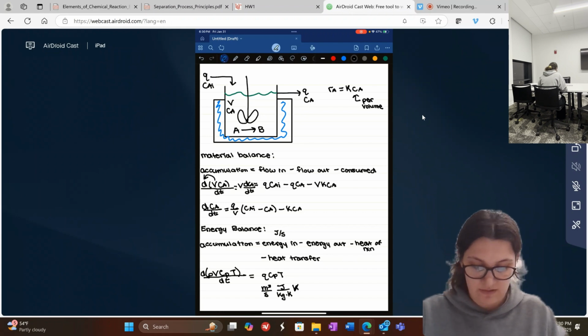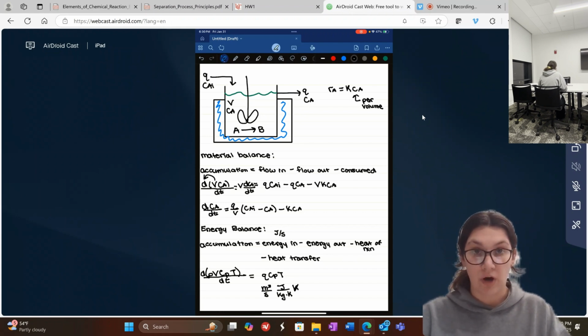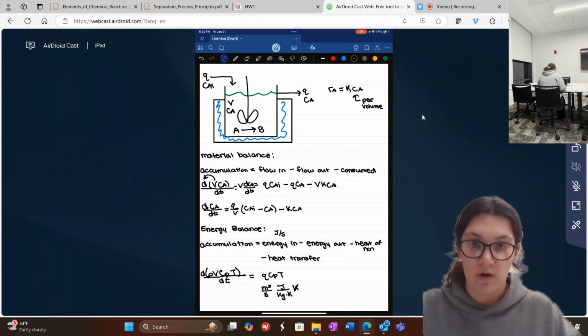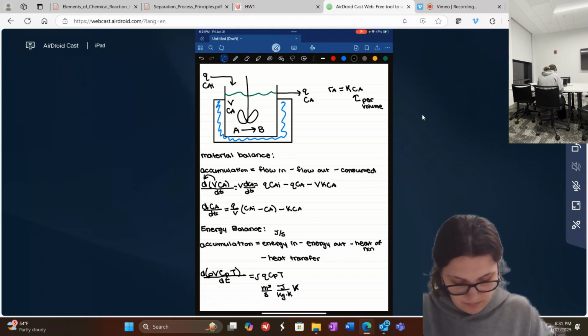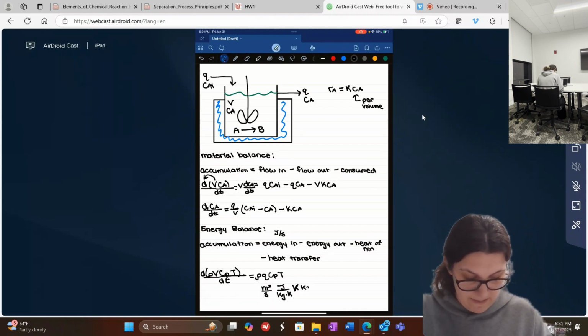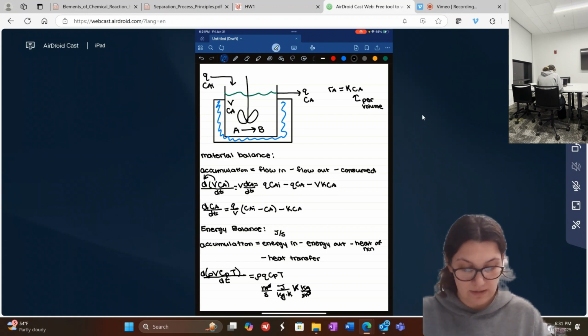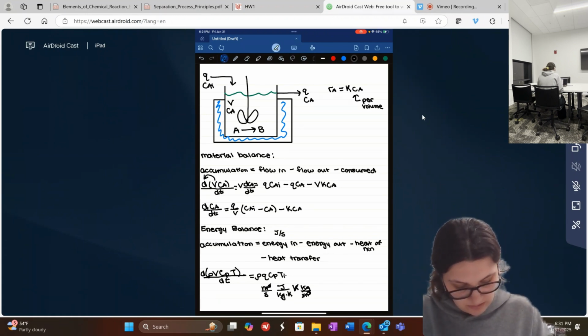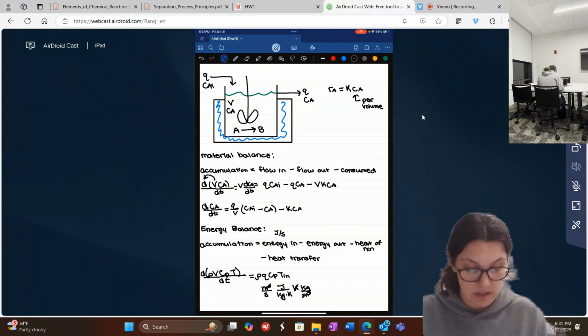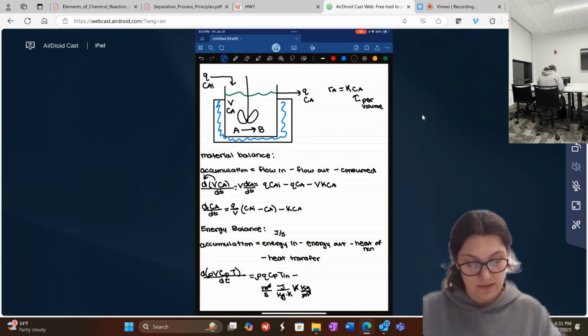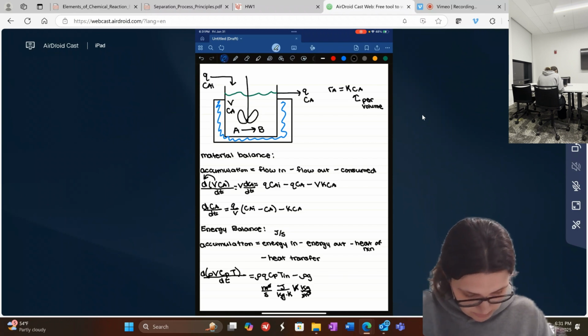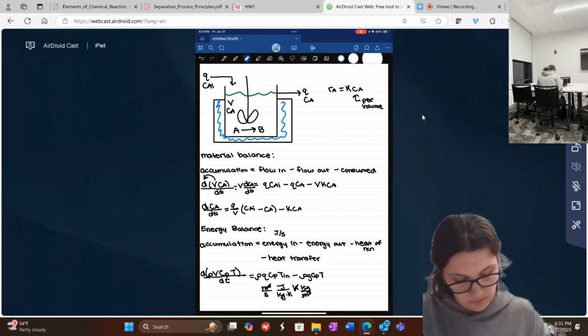And now this time we have meters cubed per kilogram that we don't want. This is an easy fix since we can multiply by density, since this is mass per volume, and cancel out those terms to get to joules per second. Now we want to make sure that this is our temperature going into the reactor, and then our flow out is exactly the same. We just want to make sure that we're changing that temperature value to the T going out of the reactor.